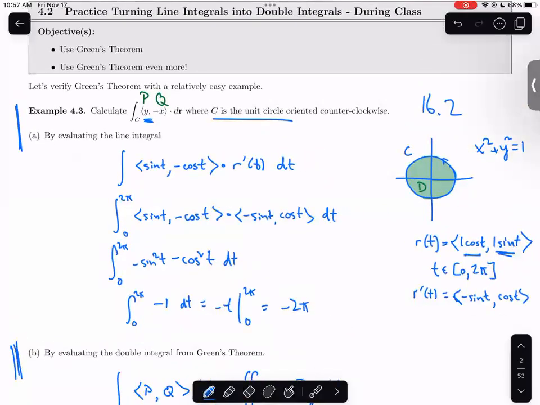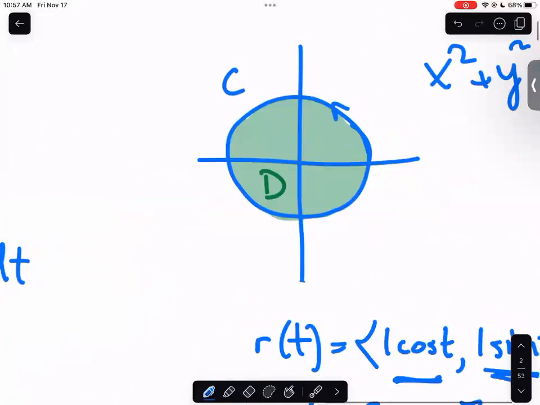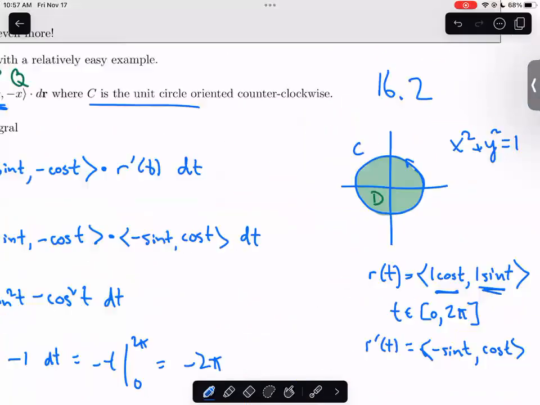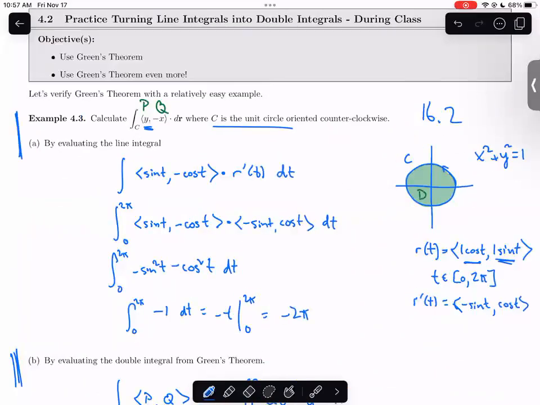Again, no circle in the middle or anything, but then the region that it describes, a unit circle oriented counterclockwise, you realize, okay, that does completely surround a region. The unit circle does completely surround this disk, and it's oriented in a counterclockwise direction. So it's one of the ways that it could be given. It's not necessarily guaranteed to be in that way.